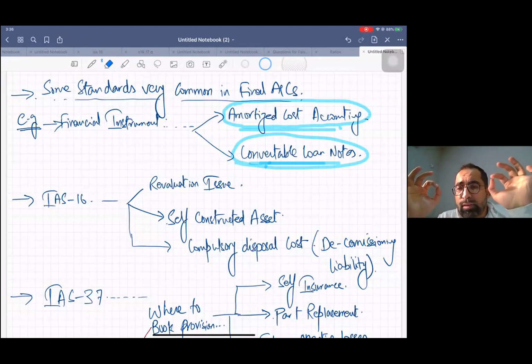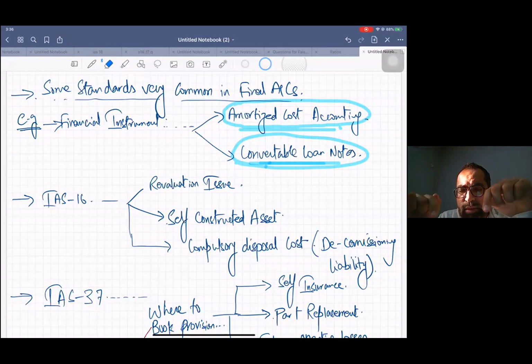So always first check if the convertible loan note is issued in the same accounting period. If it is, first of all you need to split debt and equity.